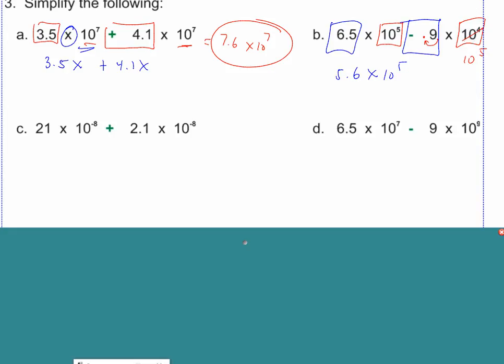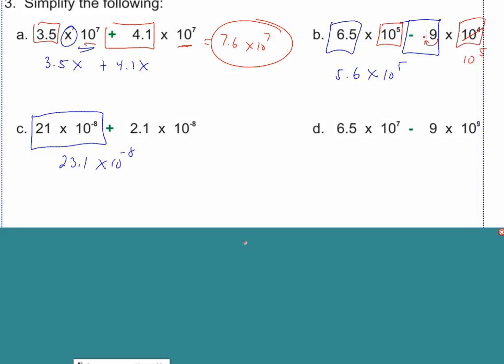Okay, so with C, this first one really isn't in proper notation, but it doesn't matter because it's not a final answer. So the powers match, right? We're good to go. So 21 and 2.1 is 23.1 times 10 to the negative 8th, right? Can we leave our final answer like that?